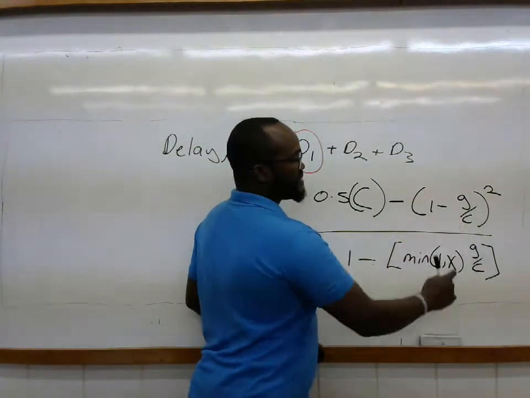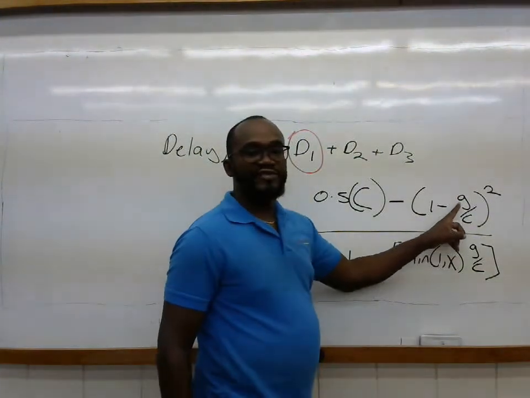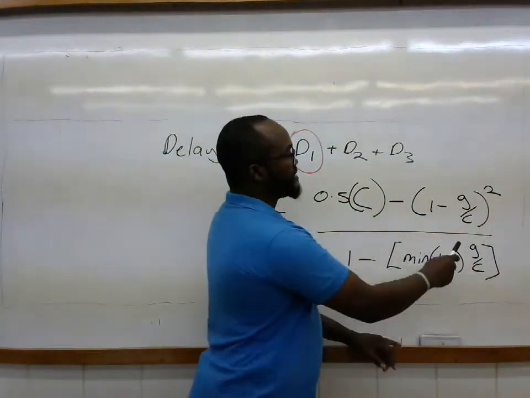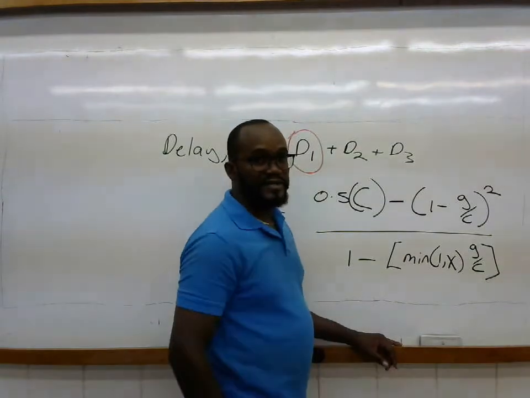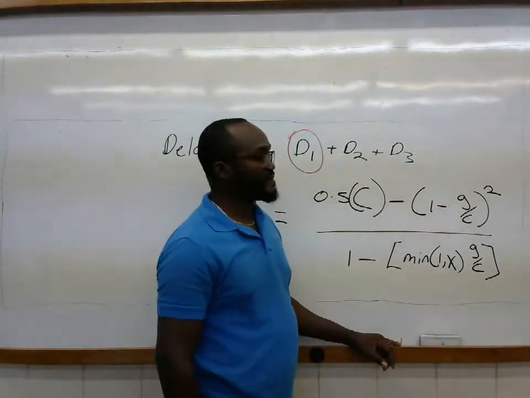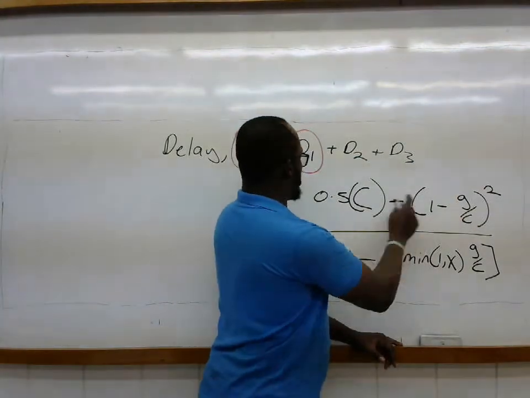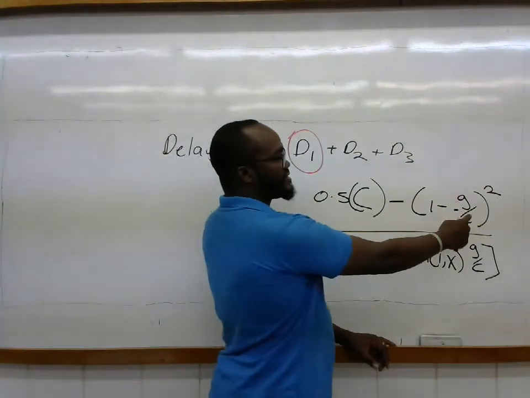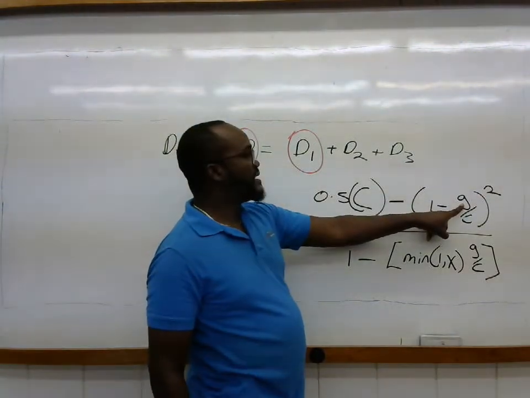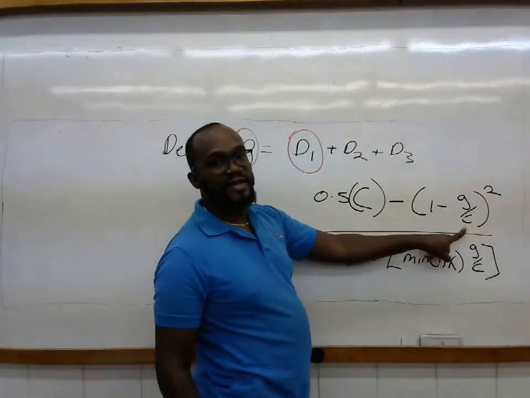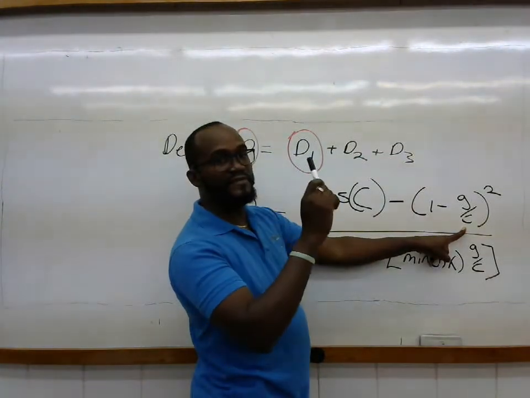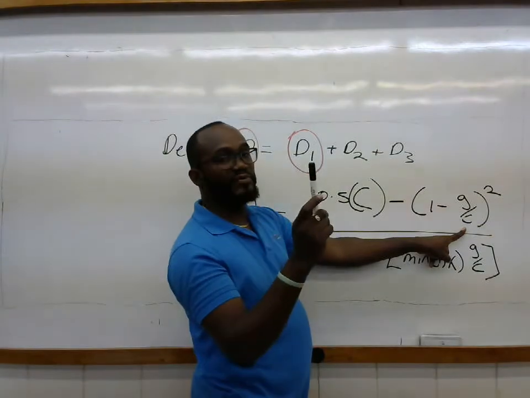G upon C is the ratio of green for the particular phase. So you have the cycle length, and you would have green time for a particular direction. The delay in a particular direction would be based on the amount of green time for that direction divided by the overall cycle length for the intersection. Cycle length, again, being the time from the red phase to a subsequent red phase.